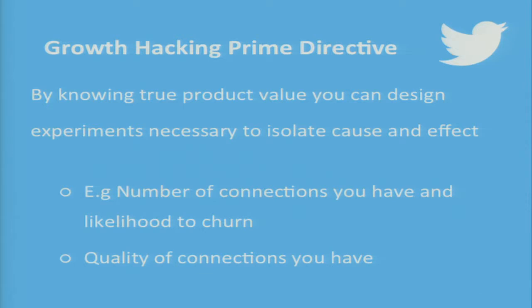But your real prime directive with growth hacking is understand that product value and then design experiments around that to isolate the cause and effects, the levers that you can pull that will control that product value and get your users to share it with other people. A great example of that, and this is true for both Facebook and Twitter, is the number of connections you have. If you have a lot of friends on Facebook, you're much less likely to churn.